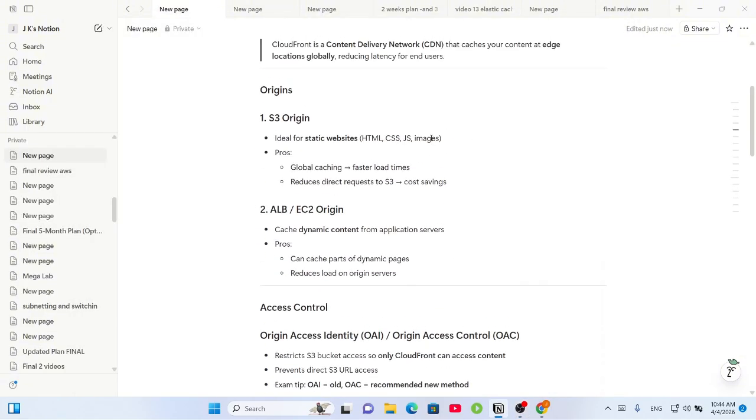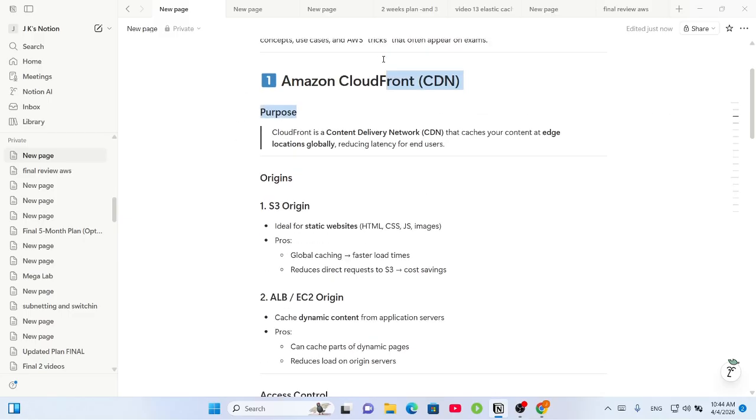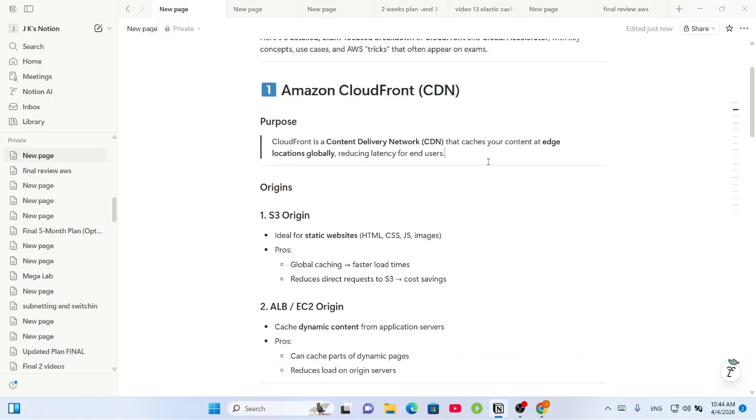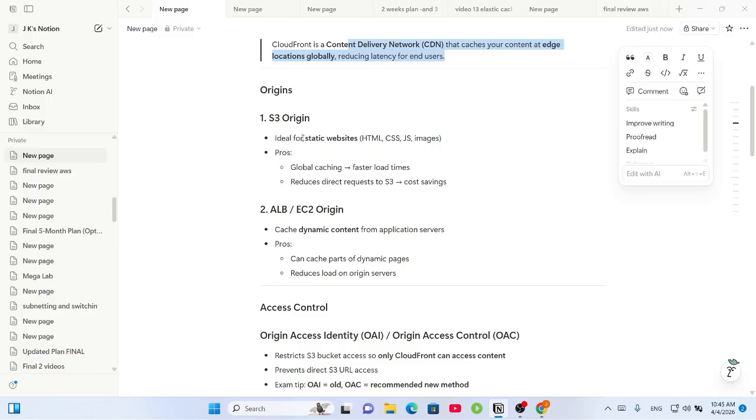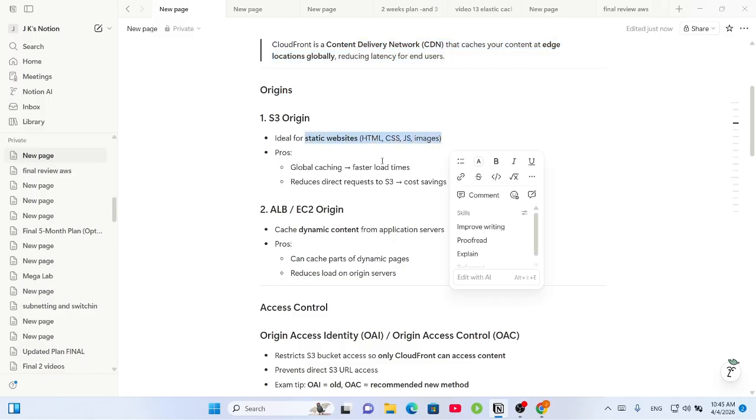Okay, let's have a look at CDNs, CloudFront. It caches content at edge locations globally, which reduces latency. S3 for static websites is ideal for static websites.